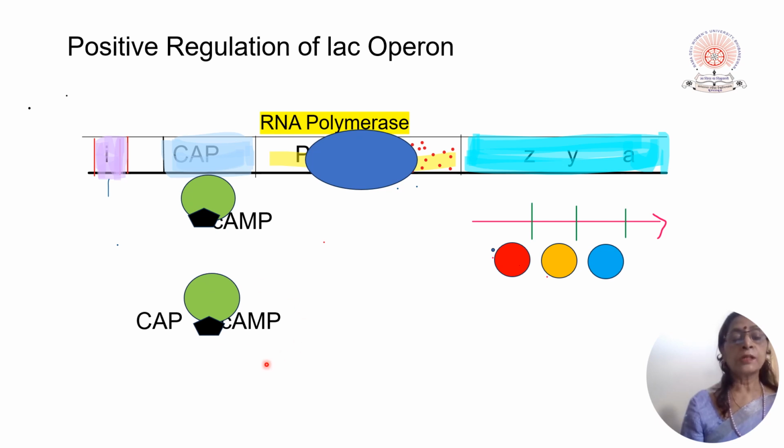When the concentration of cyclic AMP is high, it binds to the CAP and forms a cyclic AMP-CAP complex. Once the complex is produced, it binds to the CAP site, and binding of the complex increases the expression of the lac operon almost 50 fold.